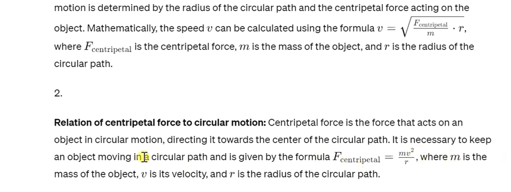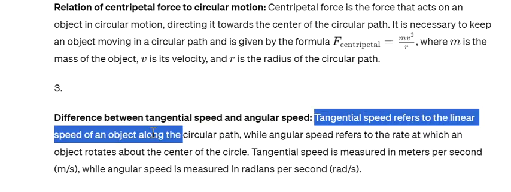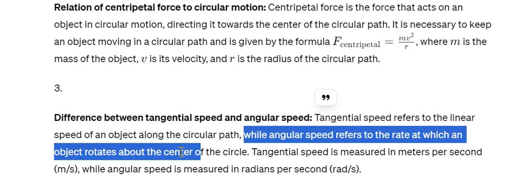Okay, the answer of the third question is the difference between tangential speed and angular speed. Tangential speed refers to the linear speed of an object along the circular path. So when a particle moves in a circular motion, then the speed along its periphery or circumference is known as its tangential speed, and the angular speed refers to the rate at which an object rotates about the center of the circle.